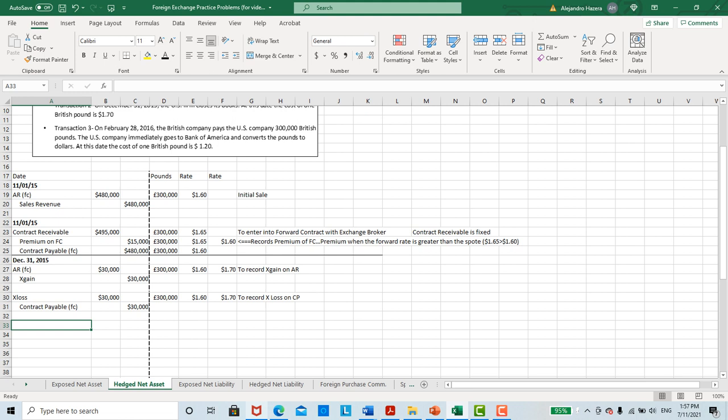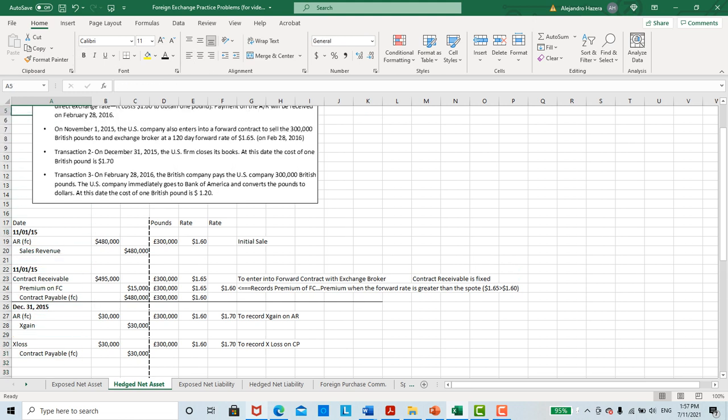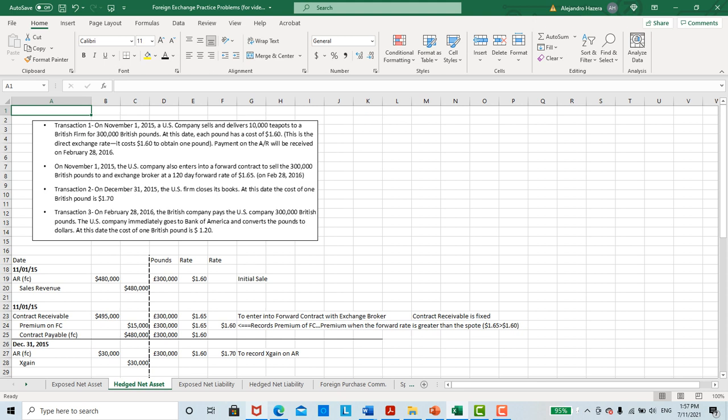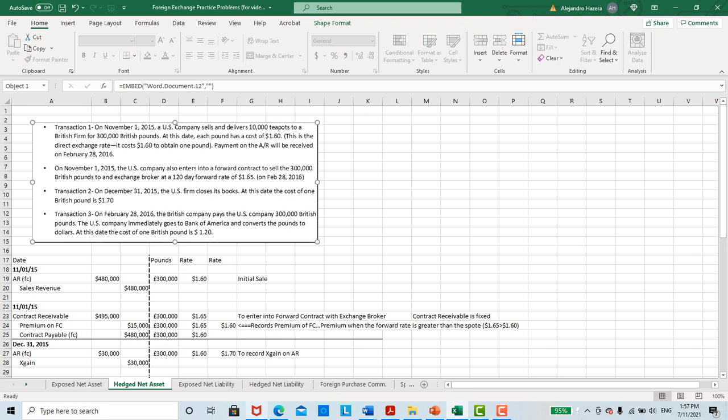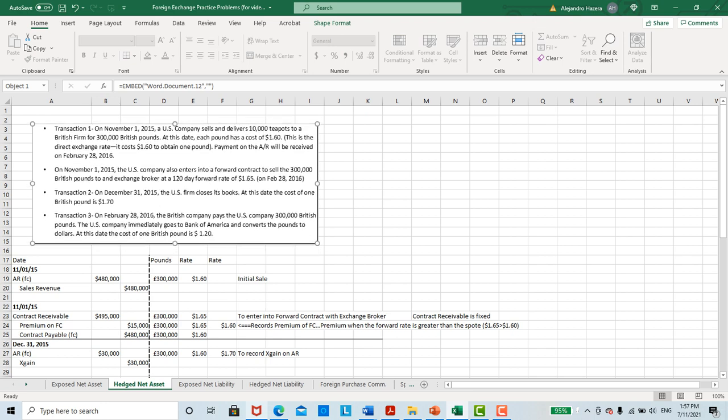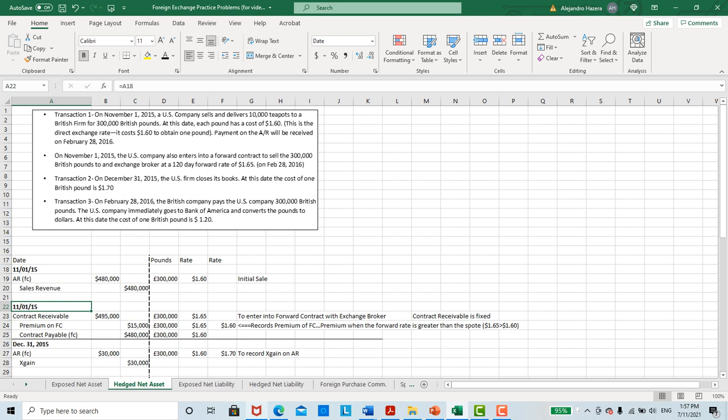So remember, the old standards said you're going to amortize that premium on a straight line basis, so say 3 months, really 4 months. A straight line is going from November, 2 months in 2015, 2 months in 2016. We're going to amortize half of that premium here.